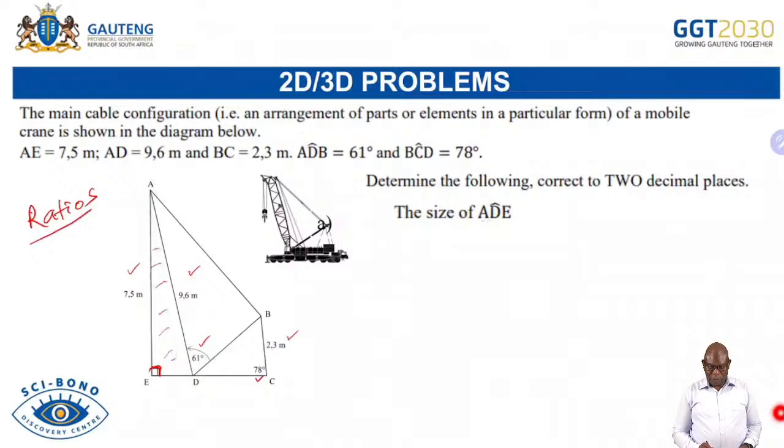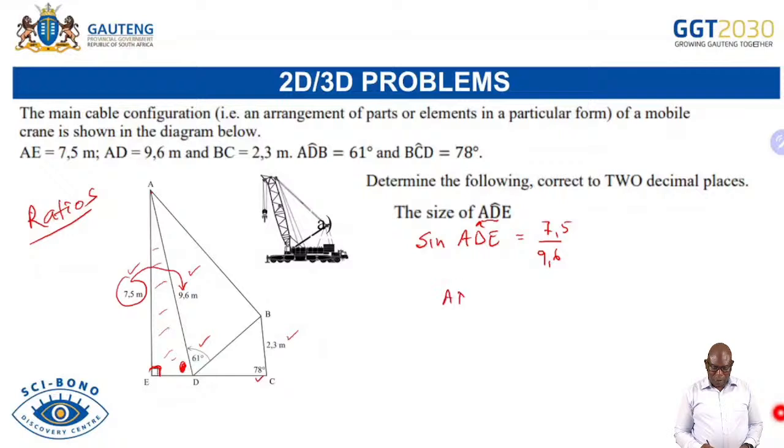Now the first question is ADE. How am I going to get ADE? ADE is this angle. It's in a right angle triangle, so it's quite easy. I'll only use the ratio. Sine of angle ADE equals, sine is opposite over hypotenuse, so it's 7,5 all over 9,6.